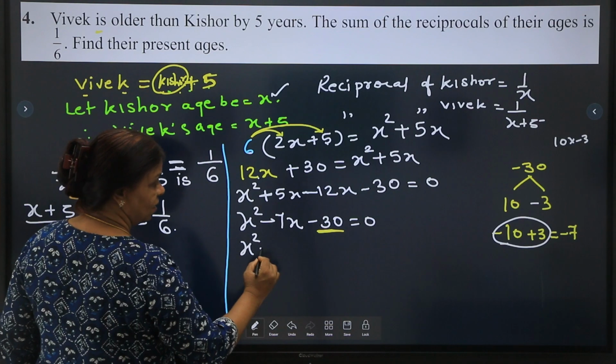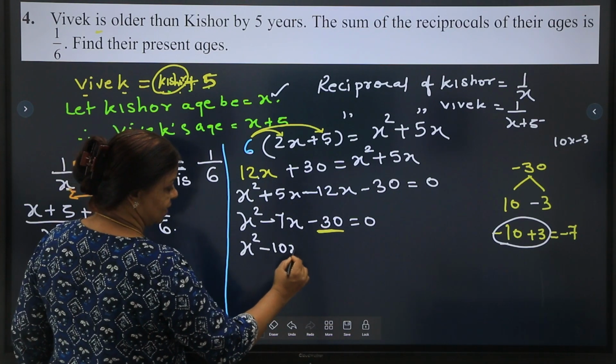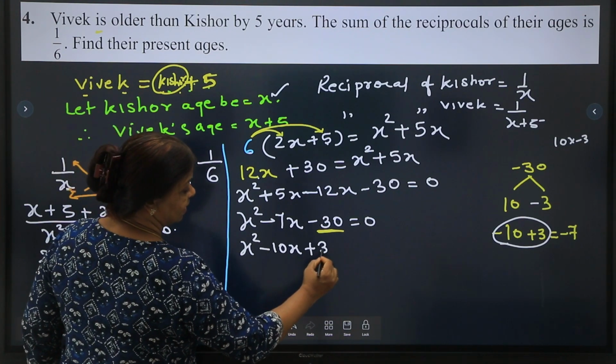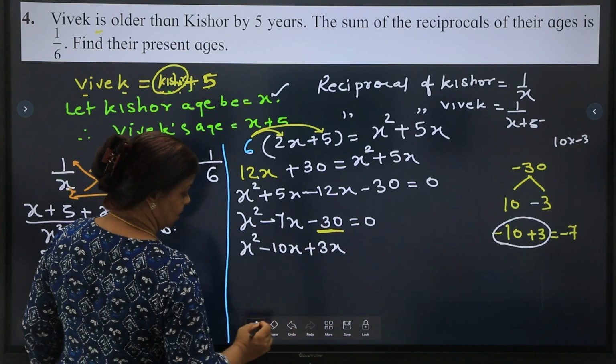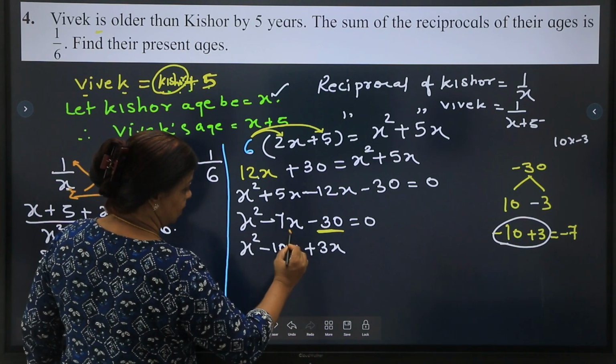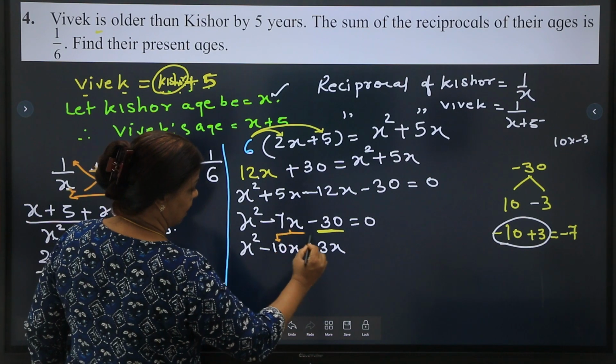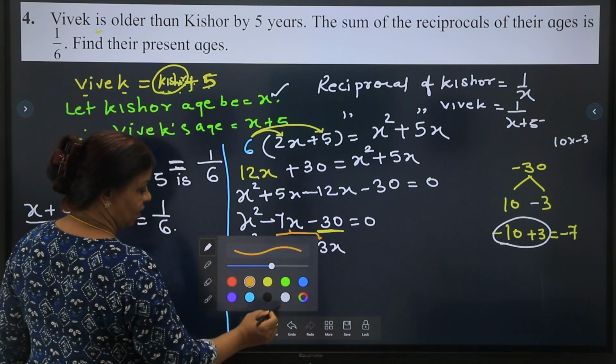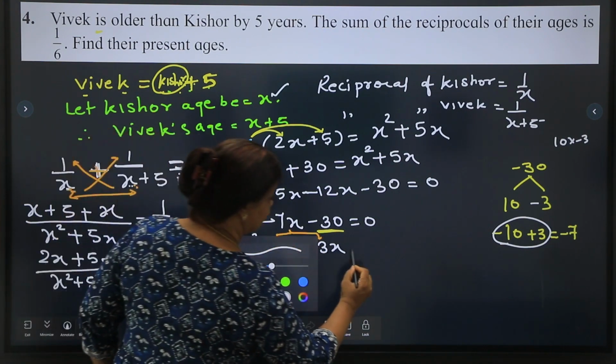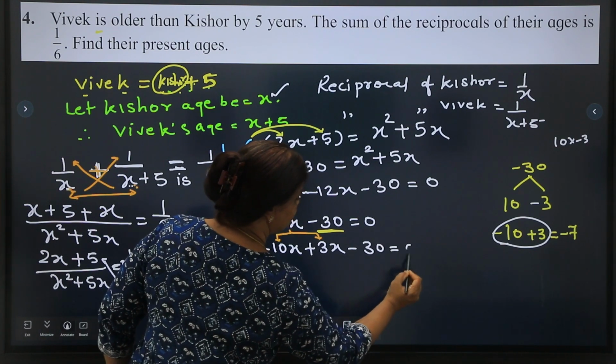x square minus 10x plus 3x, because minus 7 is bifurcated into minus 10 and 3, and minus 30 is equal to 0.